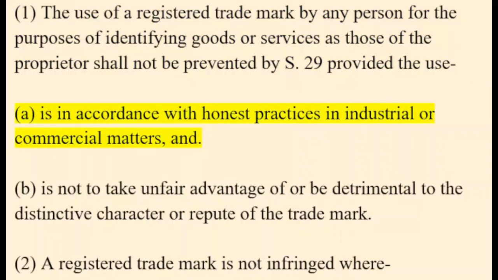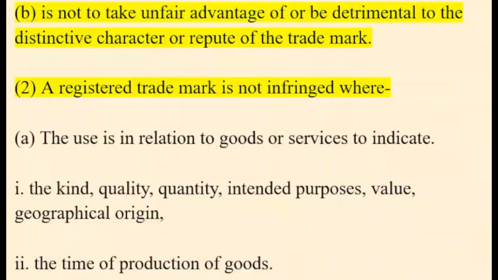is in accordance with honest practices in industrial or commercial matters, and b. is not to take unfair advantage of or be detrimental to the distinctive character or repute of the trademark. 2.